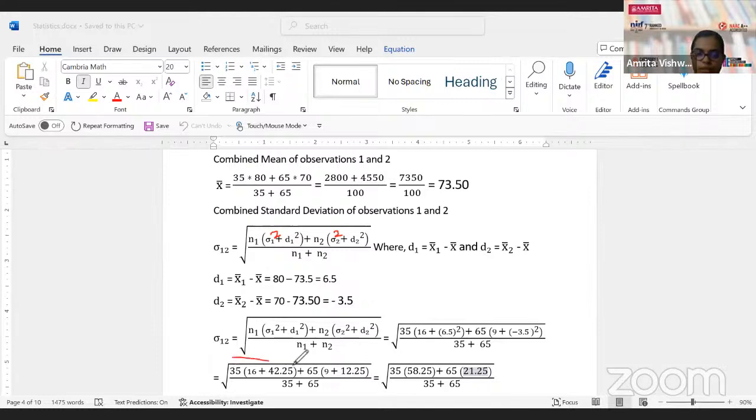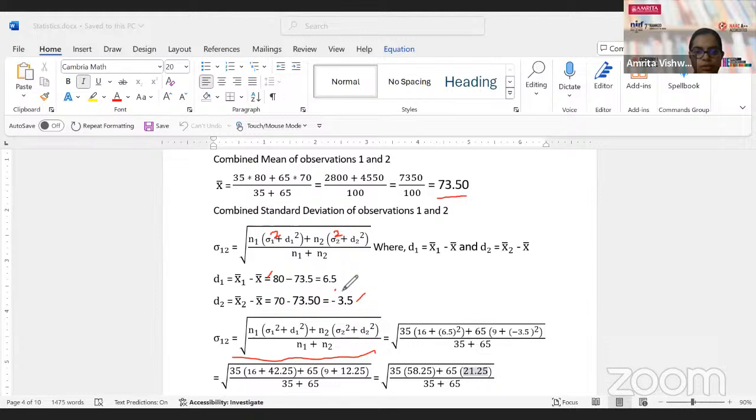Root of n1 into (sigma 1 square plus d1 square) plus n2 into (sigma 2 square plus d2 square), divided by n1 plus n2. Here, d1 is the difference between the mean x1 and the combined mean that we have found, which is 73.5. So d1 is 80 minus 73.5 and d2 is 70 minus 73.5.